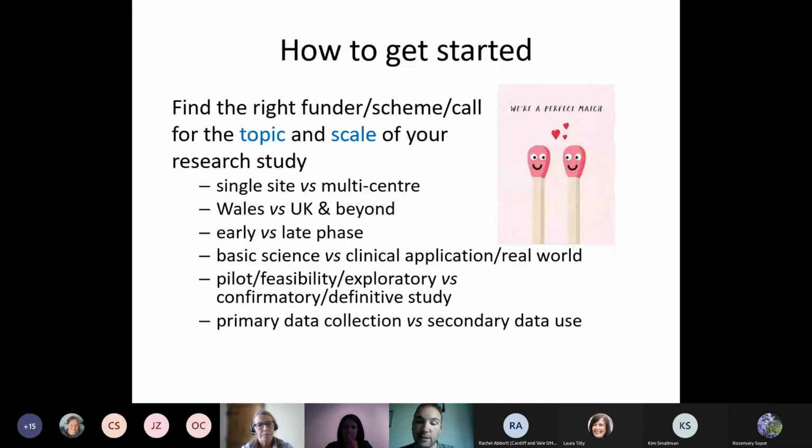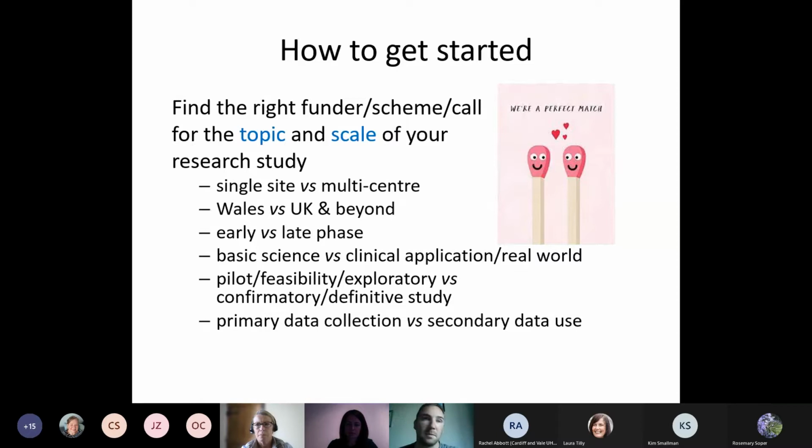Secondary data use can be anything from performing a meta-analysis or a systematic review to a reanalysis of existing data, or using routinely collected data that sits in the SAIL database, for example, or NHS Digital in England, and databases that are hosted by service providers.